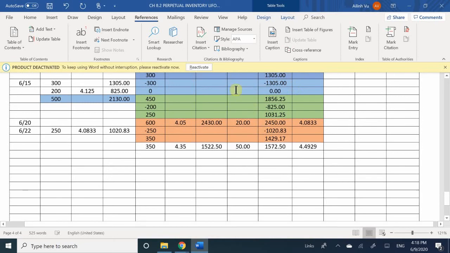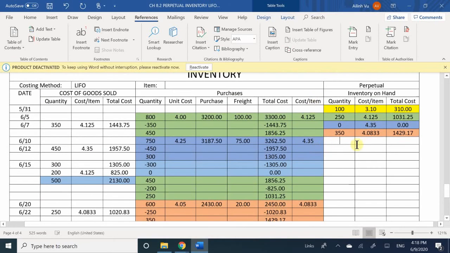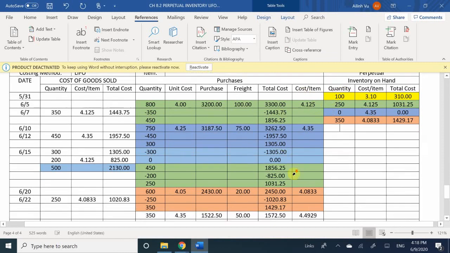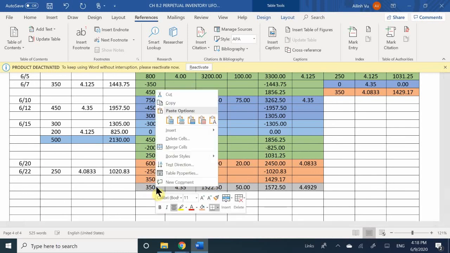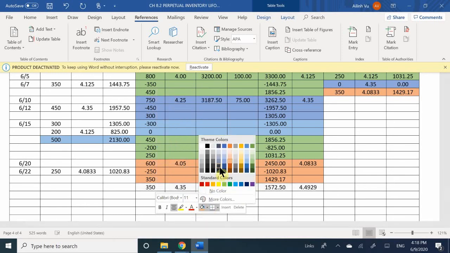Now we've got to choose another color. Let me see what I have available. I have a nice color scheme going. I noticed this is two different colors. I guess we could use gray because I ran out of colors.